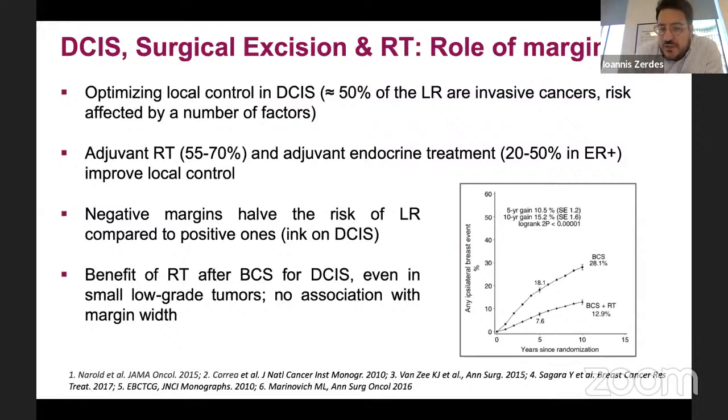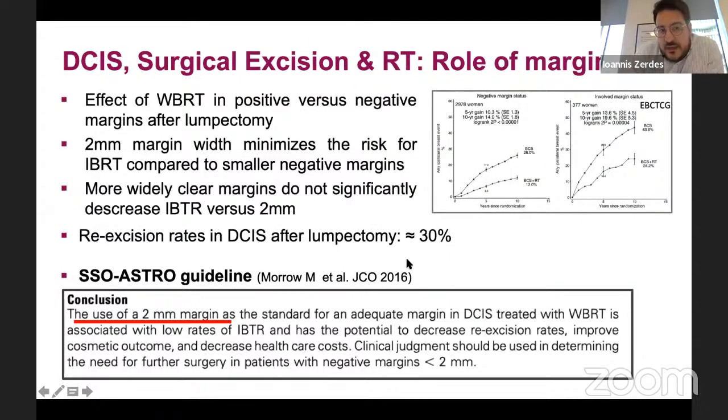These studies were not designed to perform an association with margin width. The effect of whole breast radiotherapy plus breast conserving surgery was apparent regardless of the margin status, but when one looks closer to the EBCTCG data, the effect was more prominent when the margins were positive as compared to negative margins after lumpectomy.